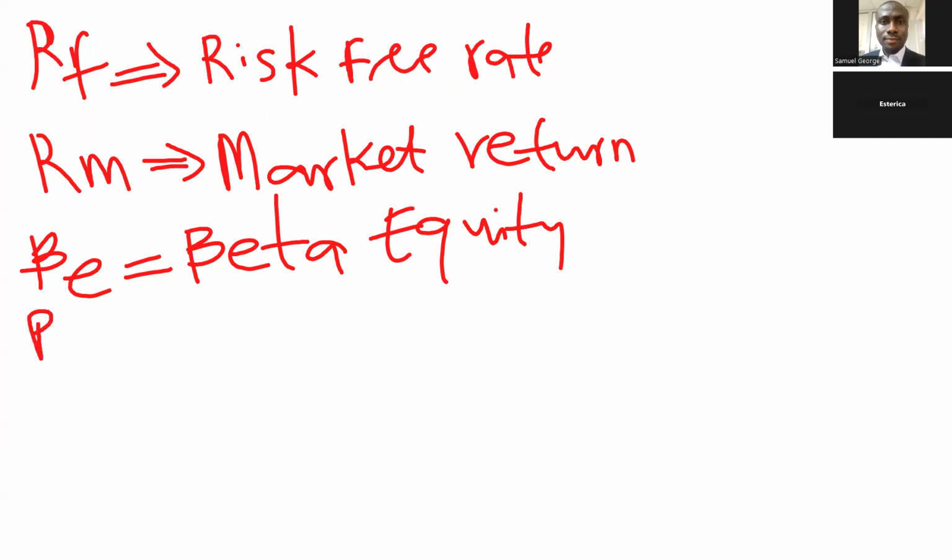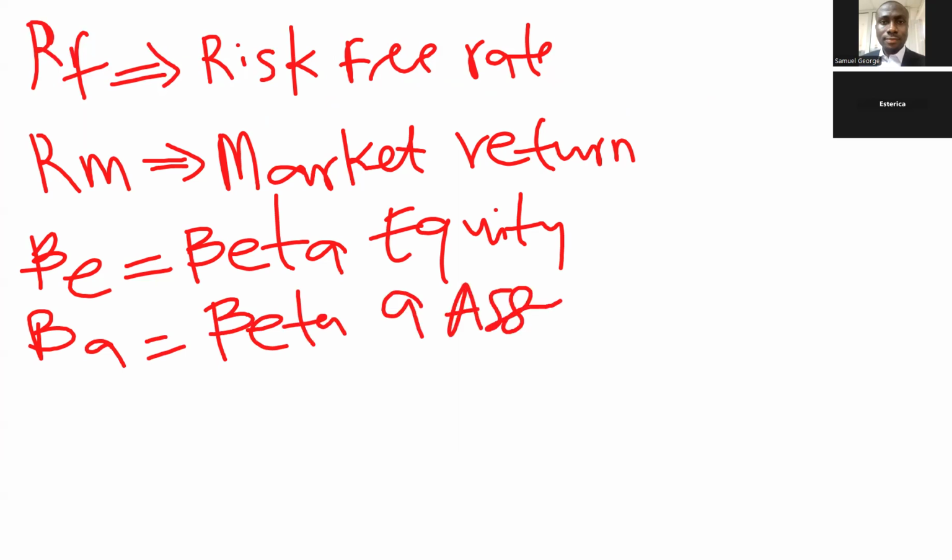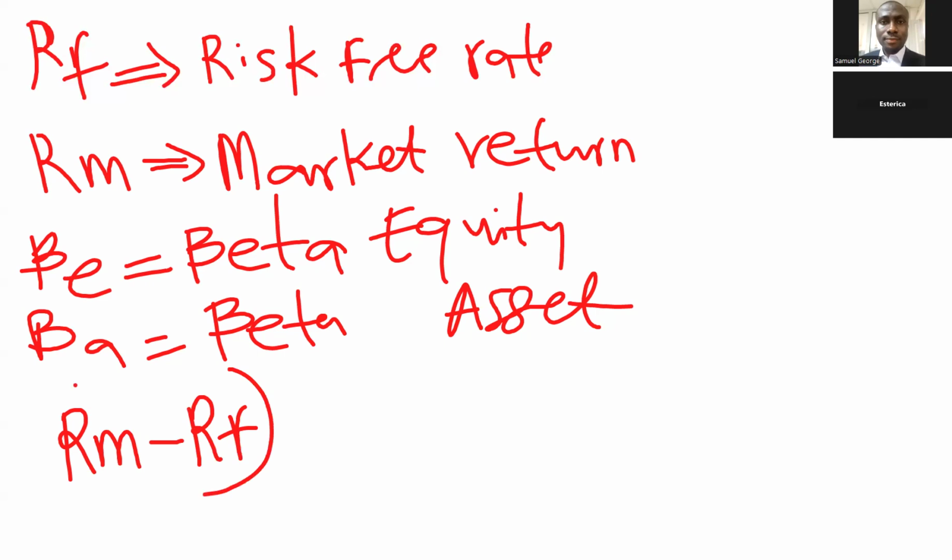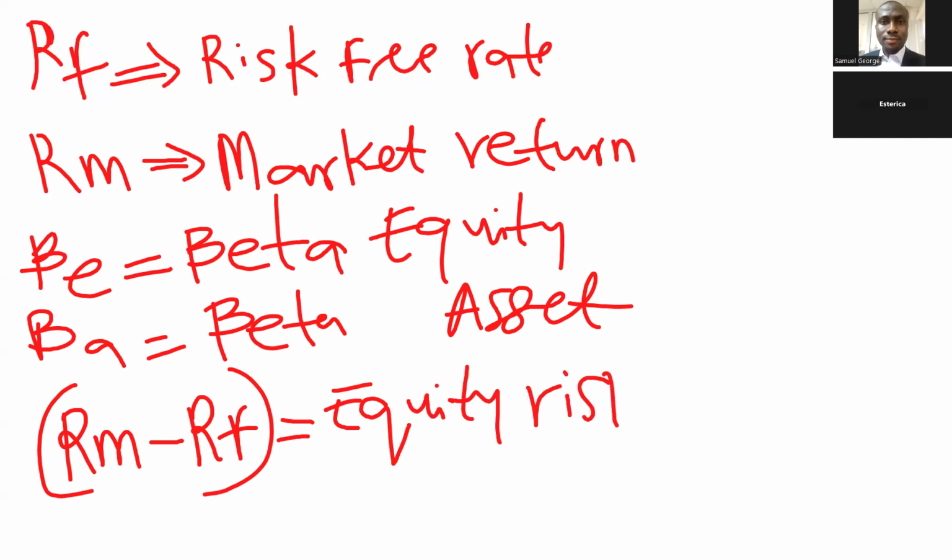BA is beta assets, or you call it assets beta. Then we also have RM minus RF altogether. This is referred to as equity risk premium.